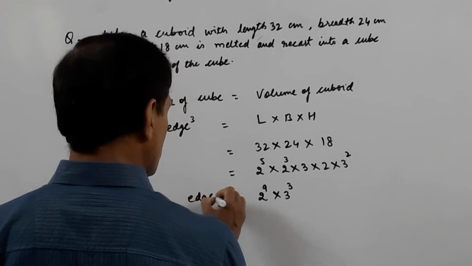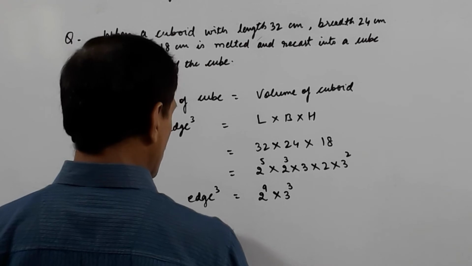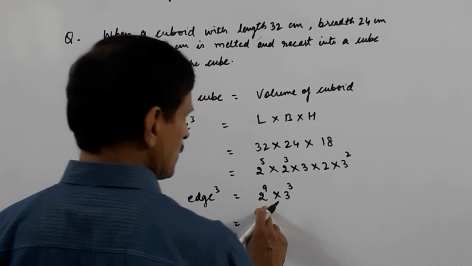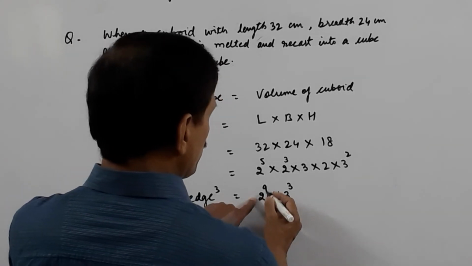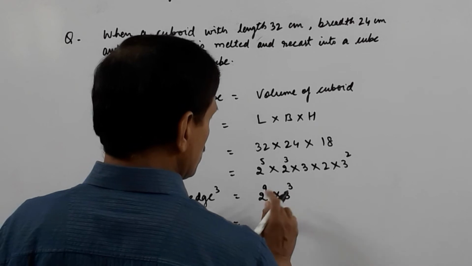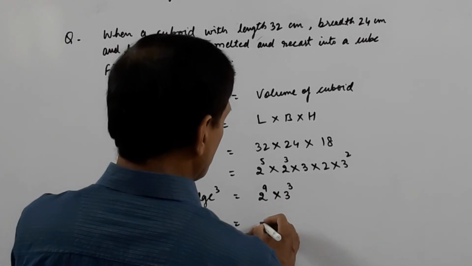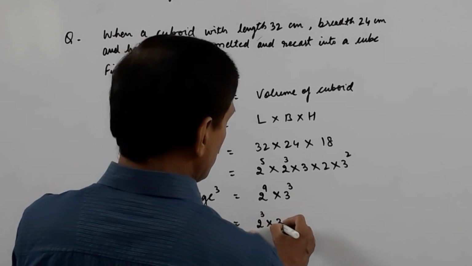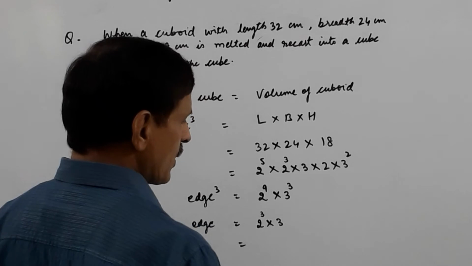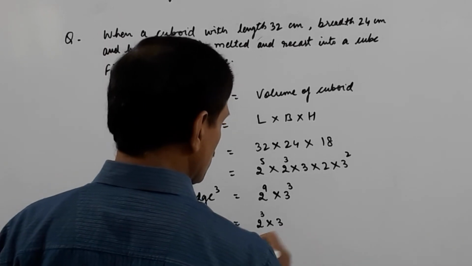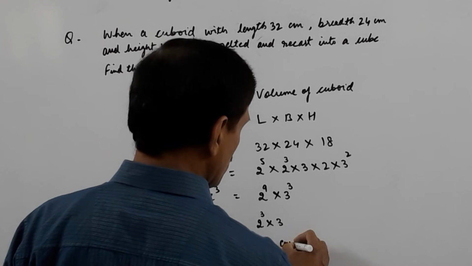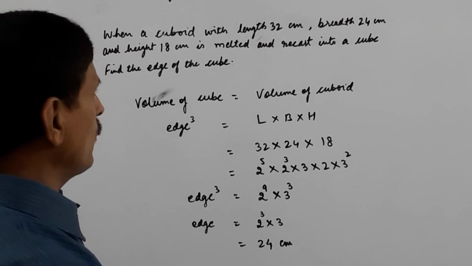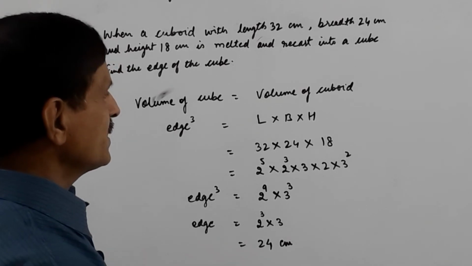This is a cube. So a is equal to the cube root of this. So the cube root of 2 raised to power 9 into 3 cube is equal to 2 cube into 3, that is 24 centimeter. So each edge of the cube is equal to 24 centimeter.